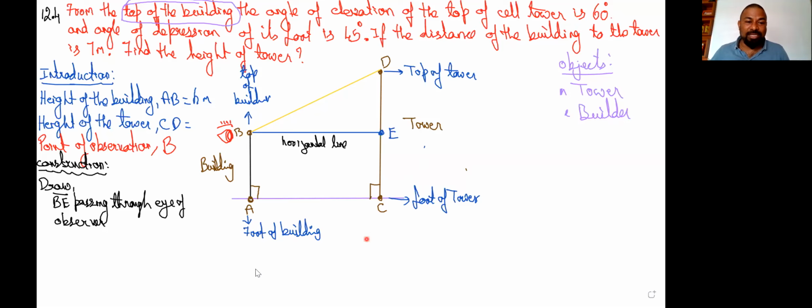That is the angle made for us. Let's go for that one.